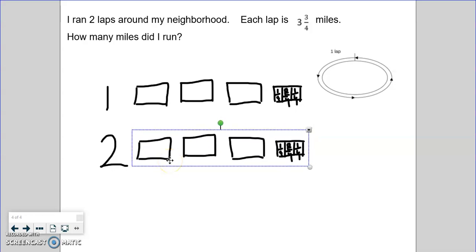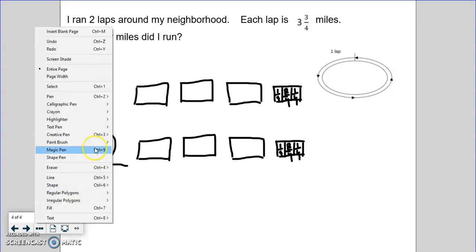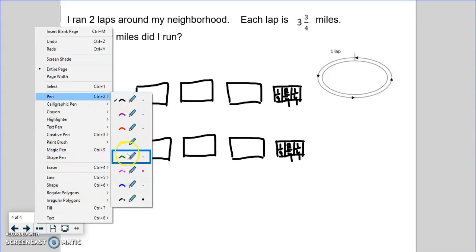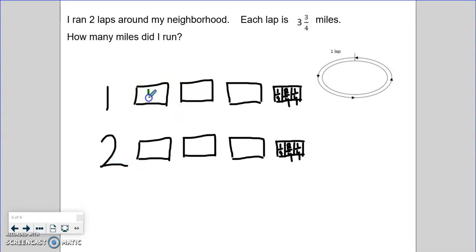So, I'm going to use my blue pen. So 1 mile, 2 miles, 3 miles, 4 miles, 5 miles, 6 miles. Then one of these guys can go up here, meaning 7 miles.